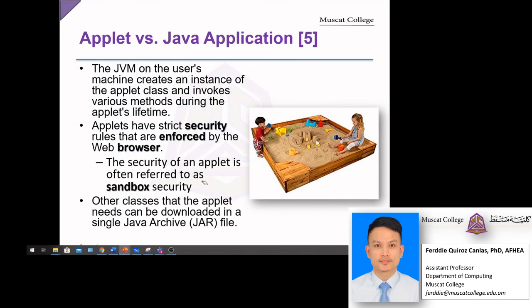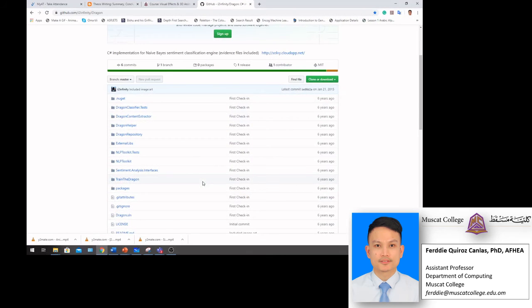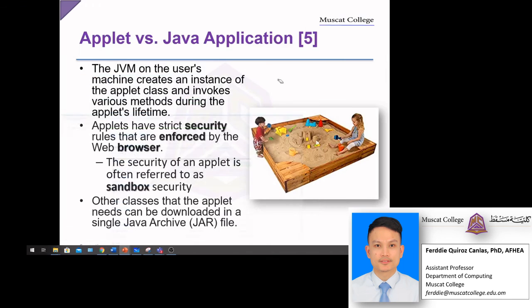For example, in Visual Studio, if I want to write code for this naive Bayes function, I cannot see this library. It is not available in C#. So for me to get it, I have to download these classes and import them in my project in C#.